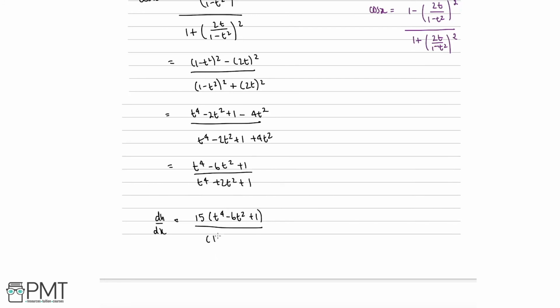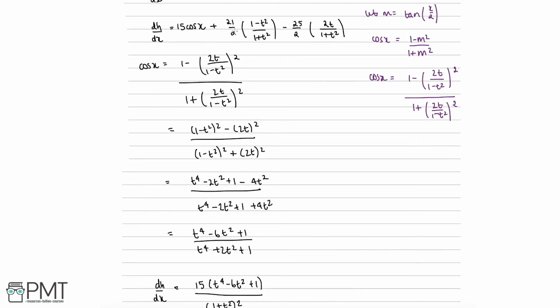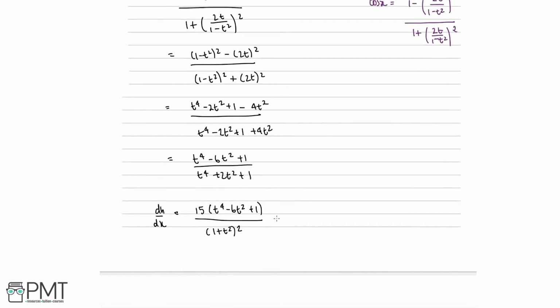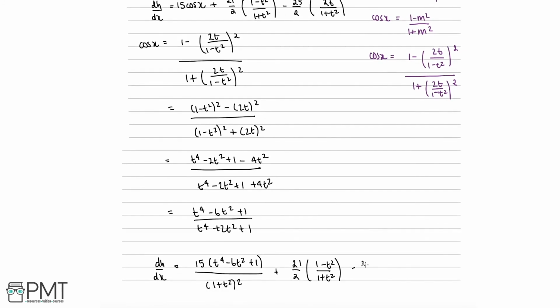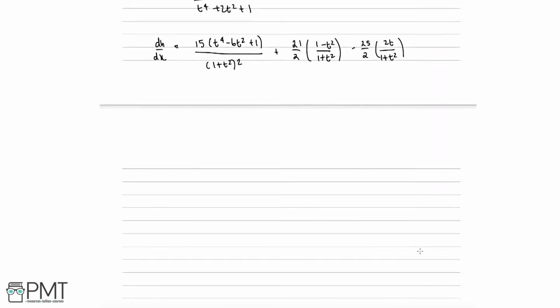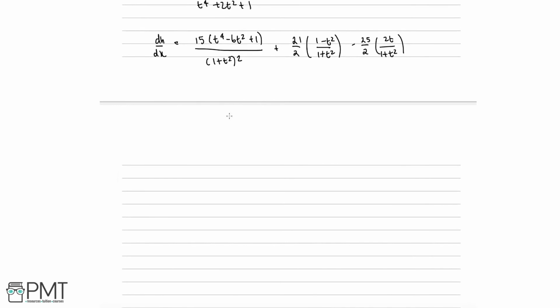So this is 1 plus t squared all squared, plus 21 over 2 multiplied by 1 minus t squared over 1 plus t squared, minus 25 over 2 multiplied by 2t all over 1 plus t squared. And now in order to get our result that we want, we need to put this all into one fraction.